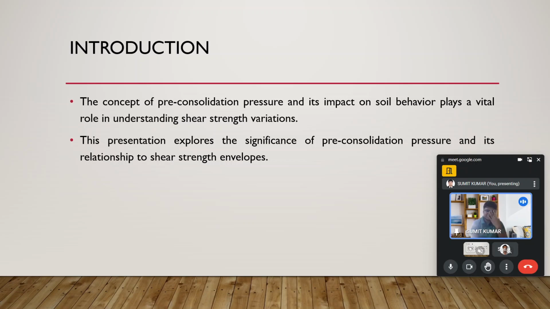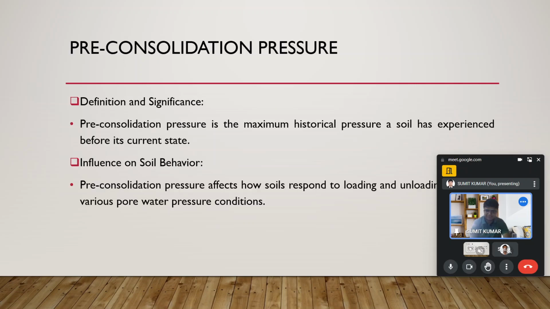In real terms, this phenomenon of the pre-consolidation pressure and its relationship to the shear strength envelope needs to be explored to that extent, so one can understand these concepts in a vital way.